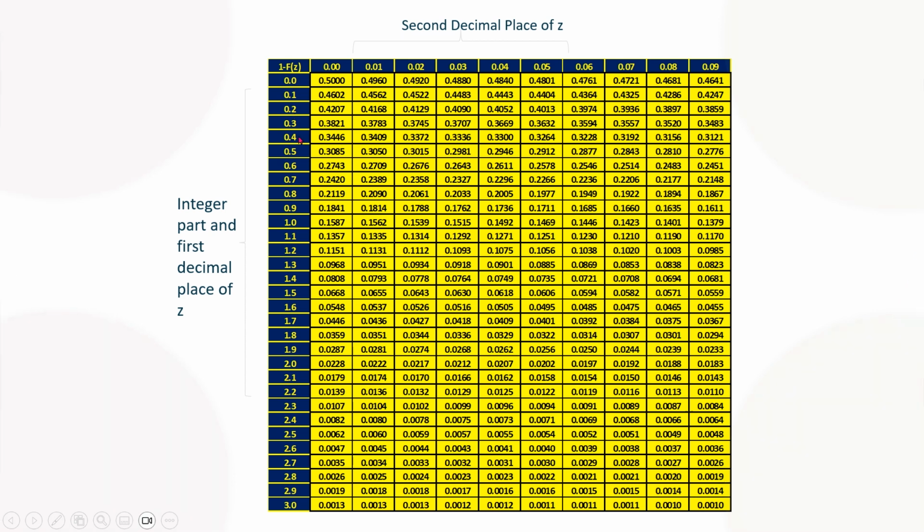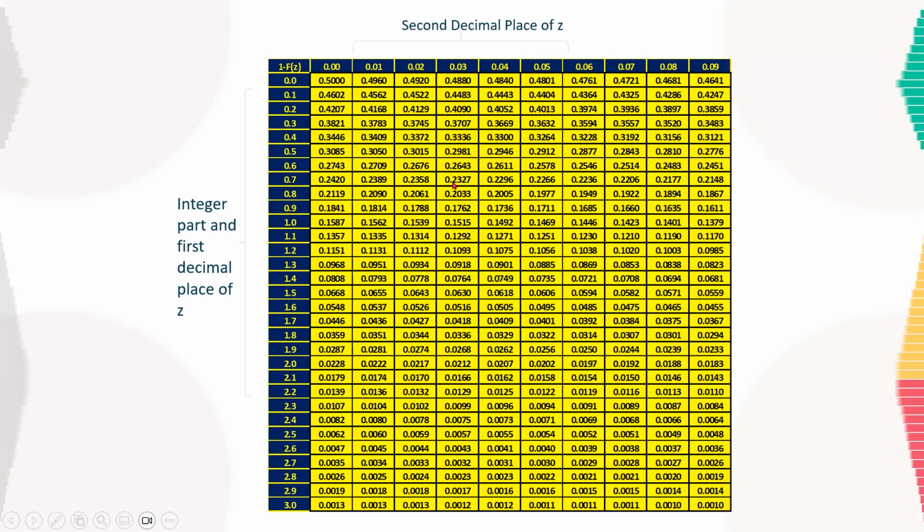Here you have 0, 0.1, and this you have the second decimal place of Z. So this value is 0.00, this value is 0.01, this value is 0.02, and so on.